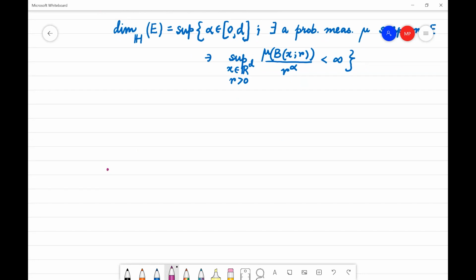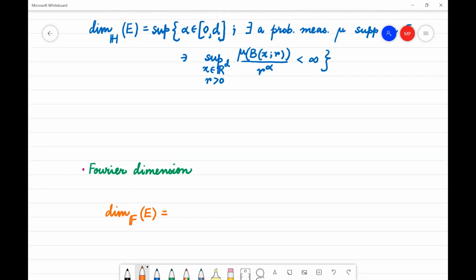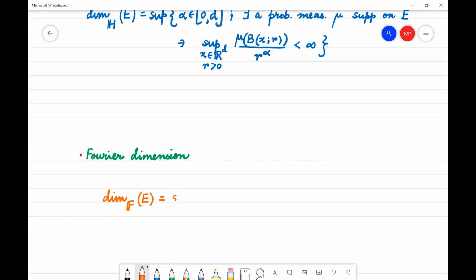So this is the third notion, that of Fourier dimension. And this one goes as follows. We are going to say that the Fourier dimension of a set E has some superficial similarity with the Hausdorff dimension, but maybe that's not quite right.